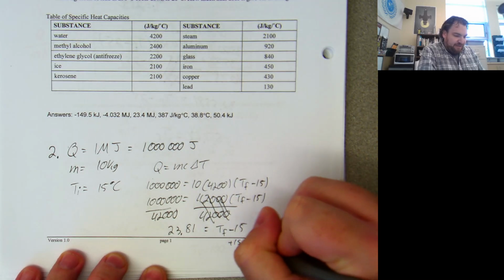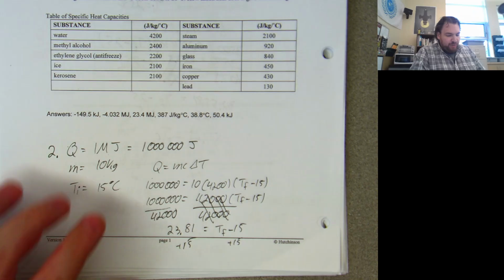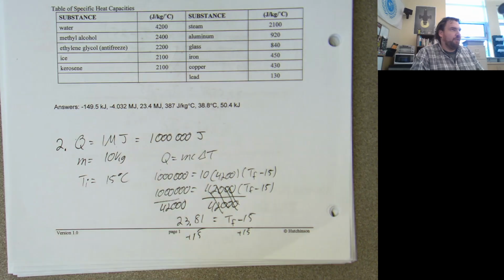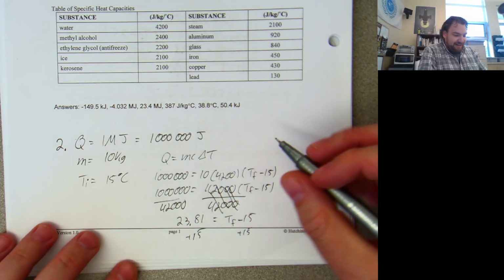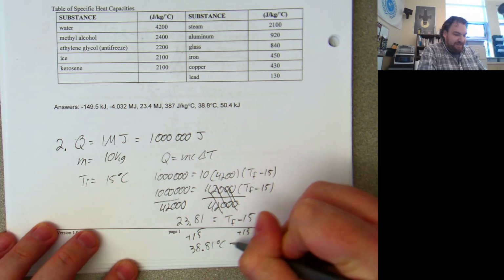We're going to add 15 to both sides. And we get, boom, you add 1 million joules to, what did I say before? 10 liters, 2.5 milk jugs. You add 1 million joules to 2.5 milk jugs, and the water temperature is going to become 38.81 degrees Celsius.